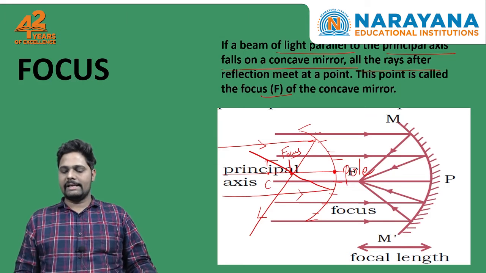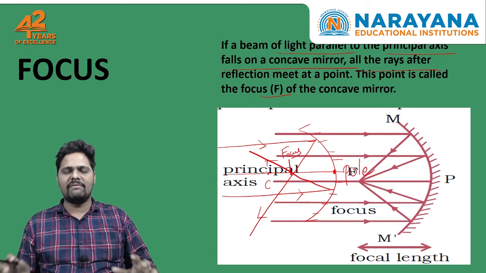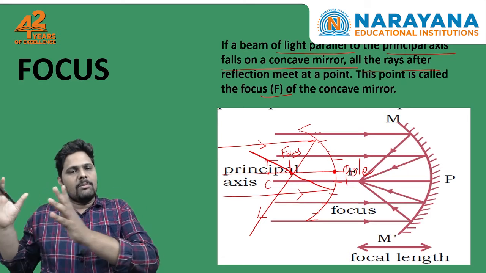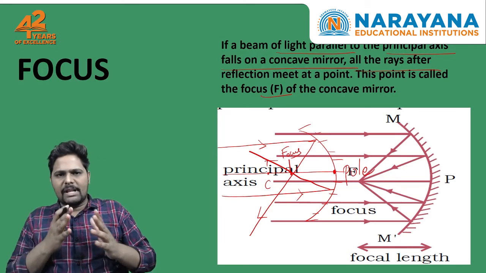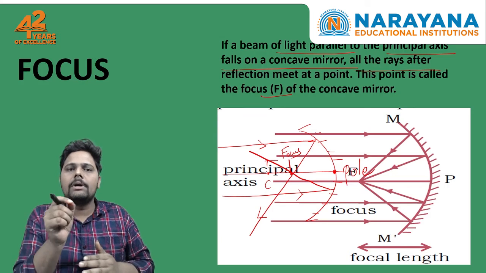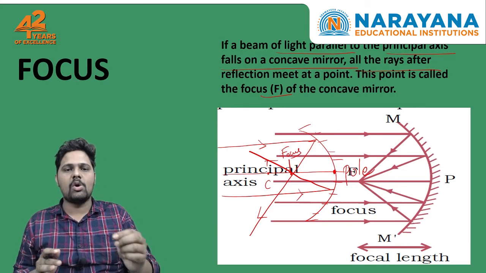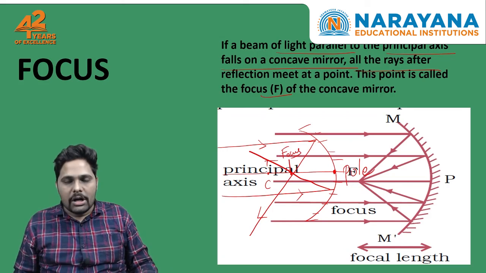You can see the exact image over here. This is called the focus of a concave mirror. Very simple. If a beam of light rays passes parallel to the principal axis, after reflection, all the reflected rays will meet at a particular point on the principal axis. That particular point is called the focus for that particular concave mirror.